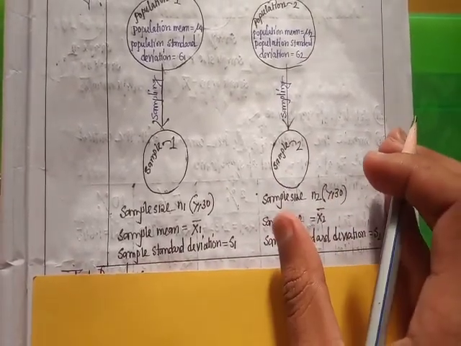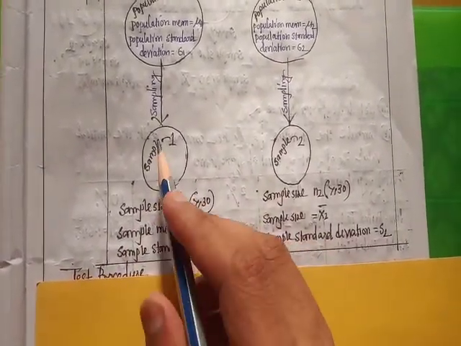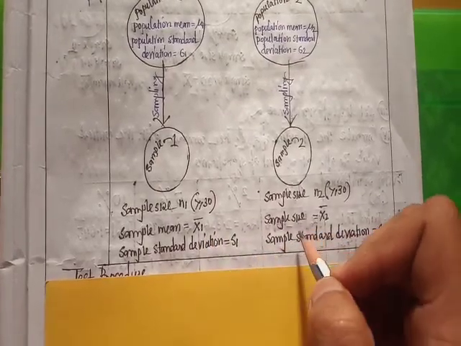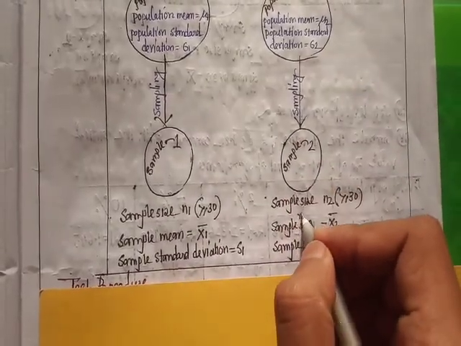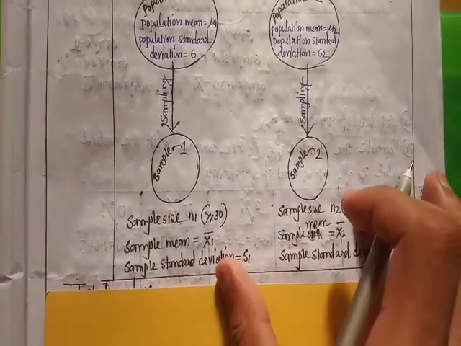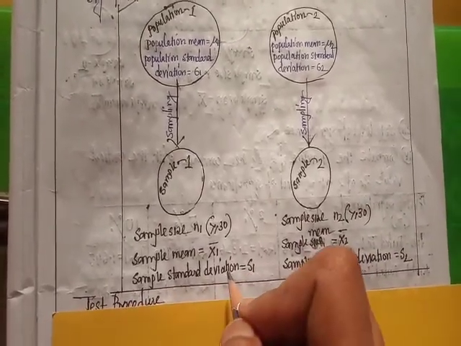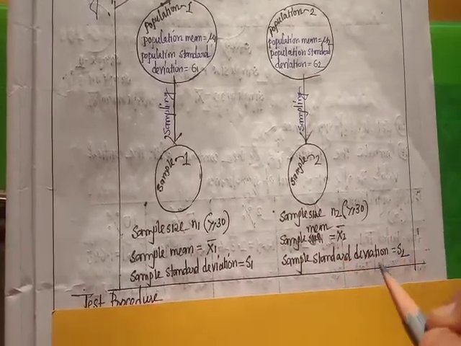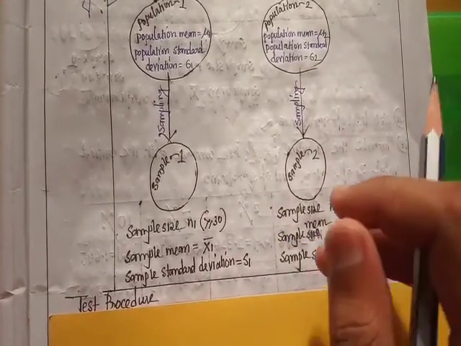The sample means are capital X1 bar and X2 bar, and the sample standard deviations are capital S1 and S2.